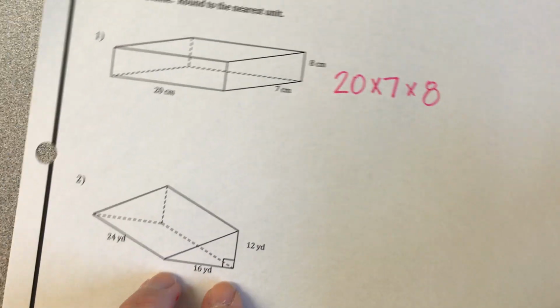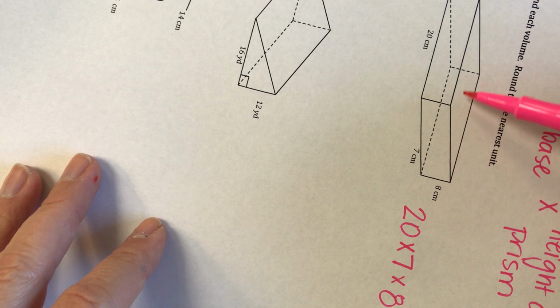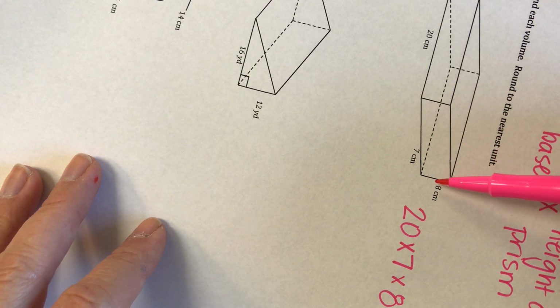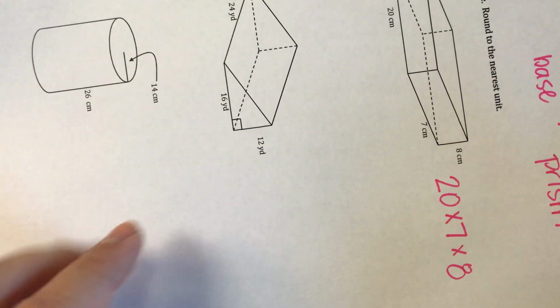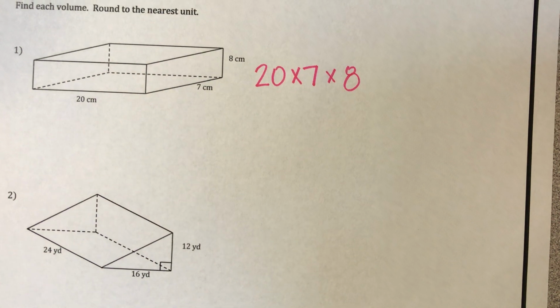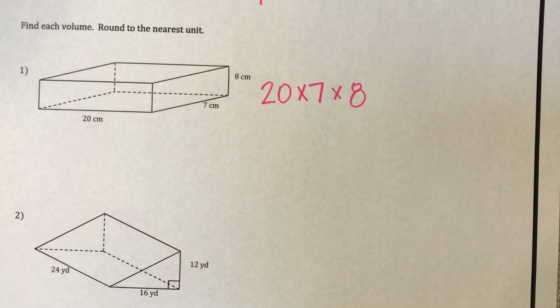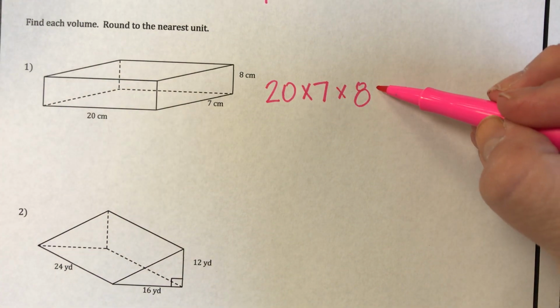It does not matter. Look, if this was our figure, and now let's say it looks more like the base is this area, and you were like, okay, well, area of the base is 8 times 20, and then it's 7 tall. Are you still multiplying the exact same numbers together? Yes. So on a rectangular prism, we're just doing length times width times height.